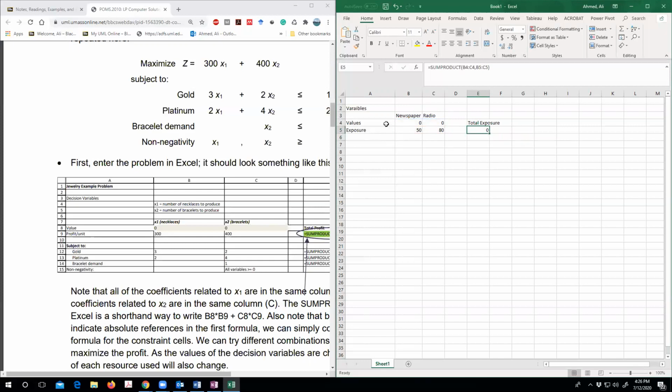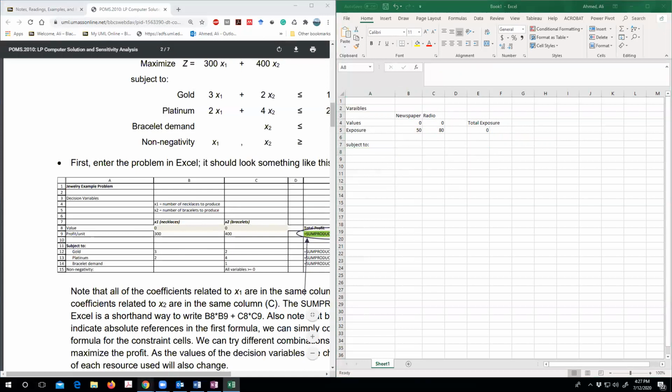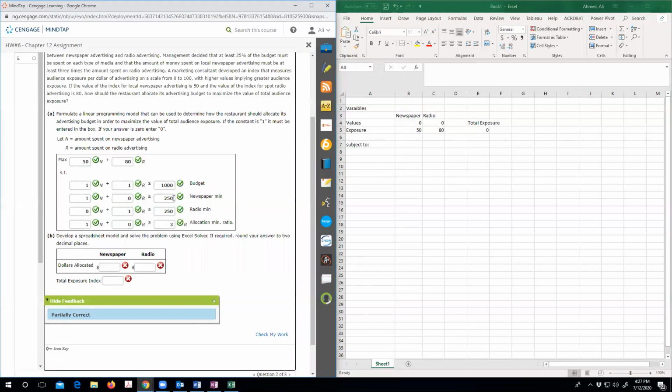Are you clear on this formation? I'm just trying to follow this example. And as in this example, we put subject to here. So there are different constraints. In here, we have these three constraints.